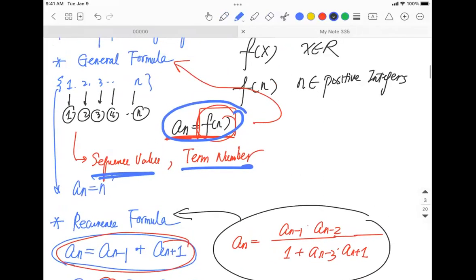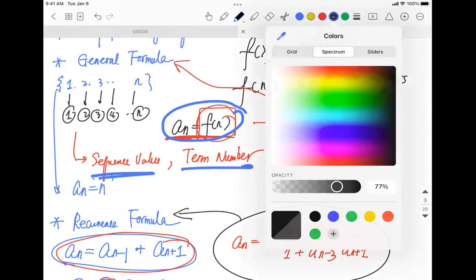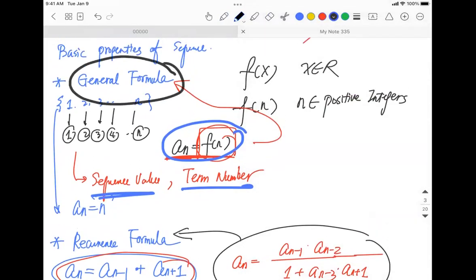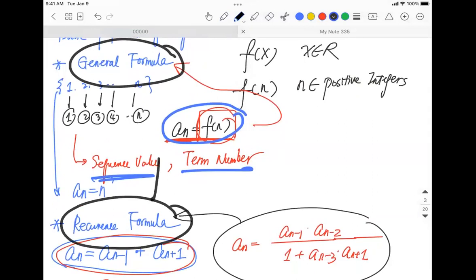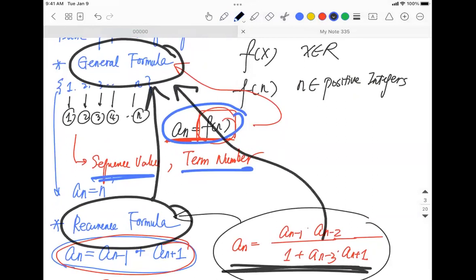Actually, in our lecture, we're going to spend a lot of time talking about how to calculate the general formula using the recurrence formula. As long as I give you a sequence with a very weird, complicated recurrence formula, how can I take it from there and calculate the general formula of the sequence? Why is this very important?